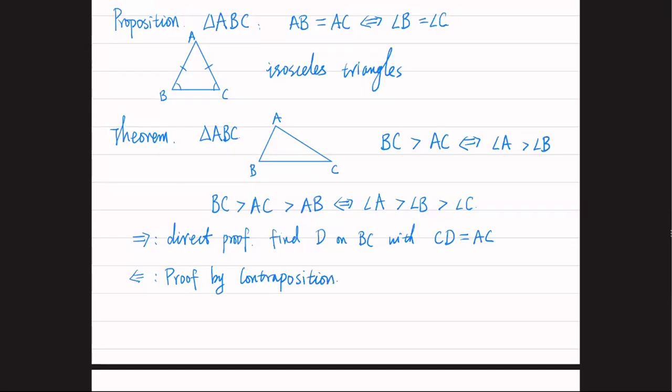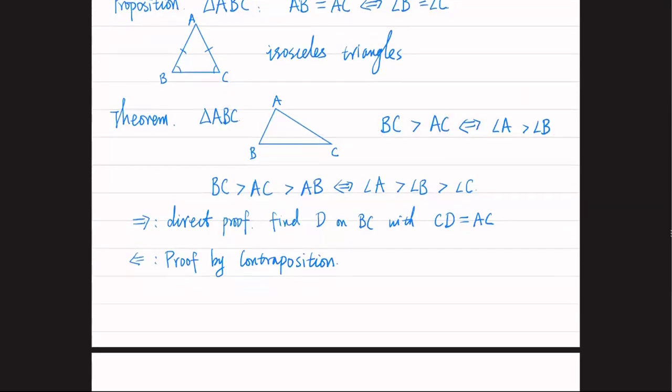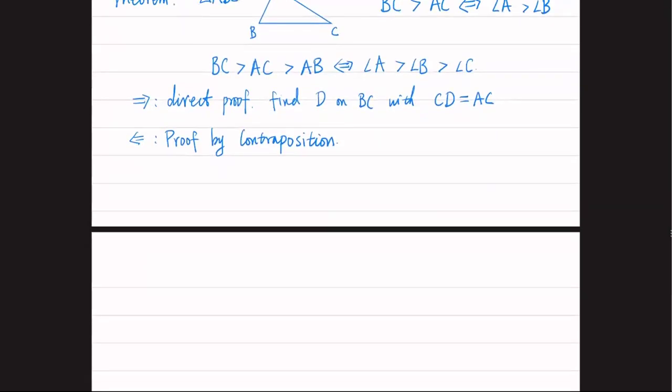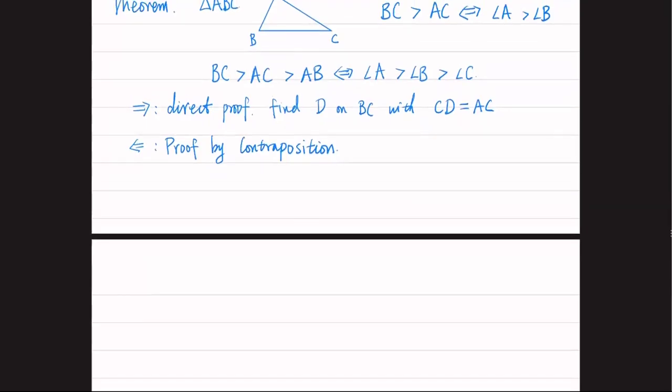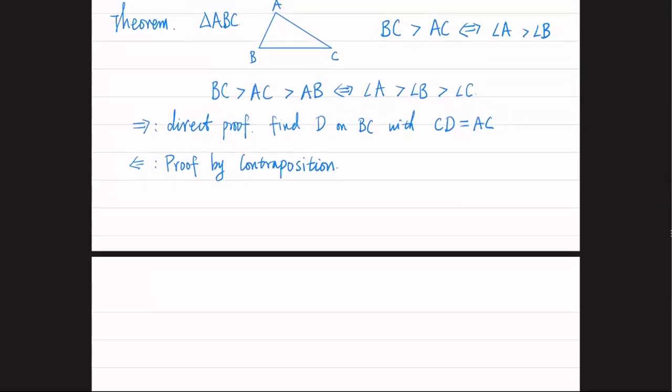Okay. We prove that longer sides imply bigger angles, and bigger angles imply longer sides. Therefore, the two conditions are equivalent. Okay. So a very useful theorem. How useful it is, it can be used to prove a very useful inequality. It's called triangle inequality.